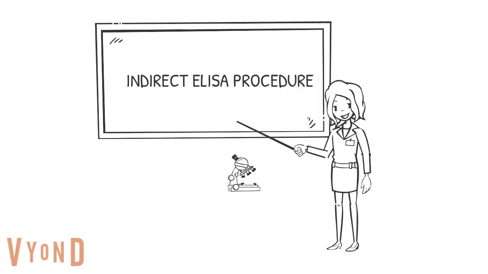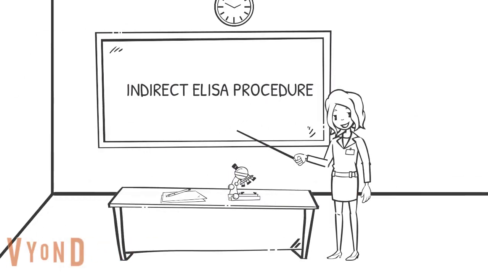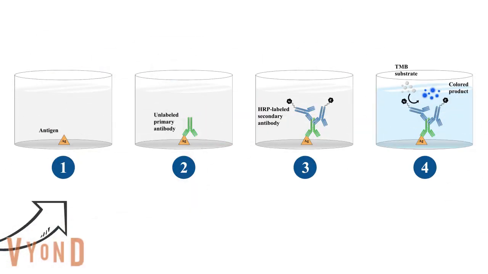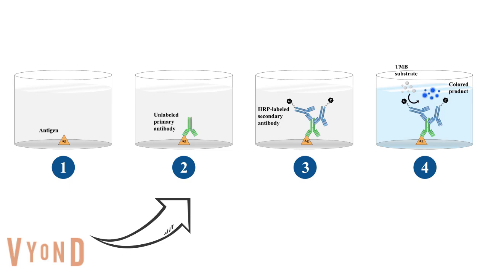The first step in indirect ELISA is coat ELISA plate with testing antigens, seal the plate, and incubate overnight at 4 degrees Celsius. We then remove coating solution and wash plate 2 times with desired buffer. Block plate with desired blocking solution for 1 hour at 4 degrees Celsius and wash plate 2 times with buffer.